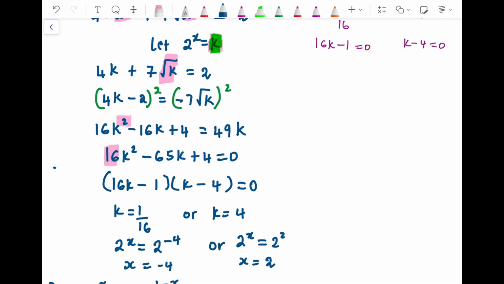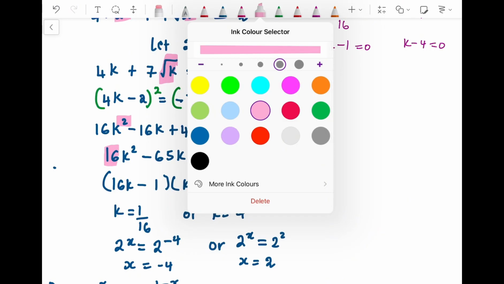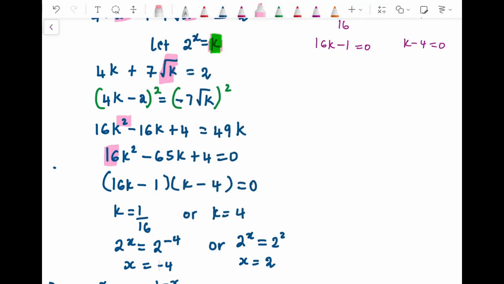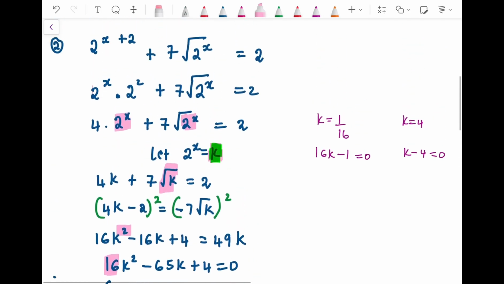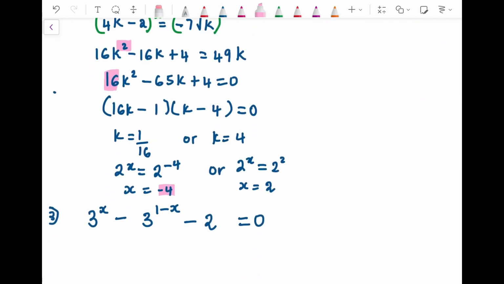Now we need to check if our answers are both valid. So we take these x values that we got here. We take x is equal to negative 4, and then we substitute where there is x. Now you'll realize that if you put negative 4, we do get positive 2.